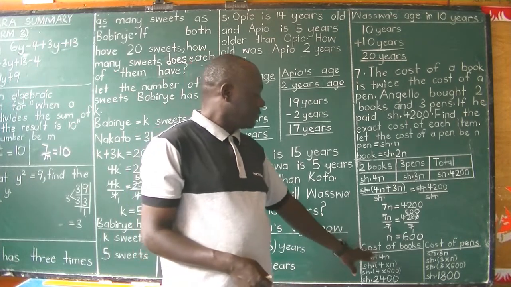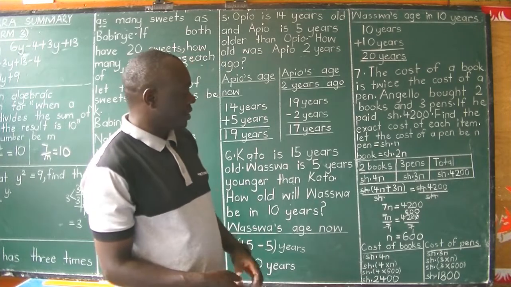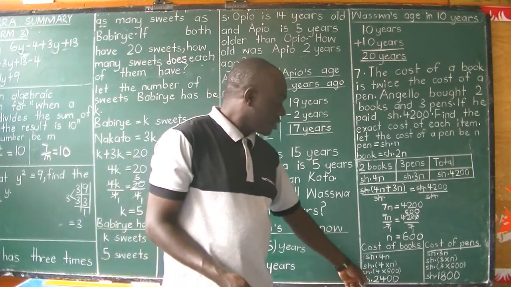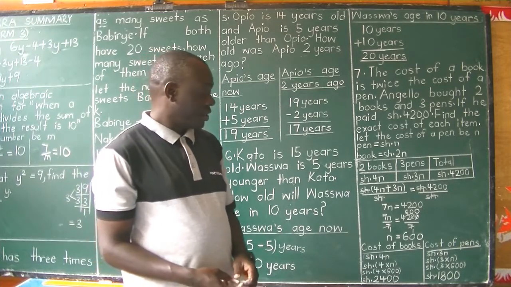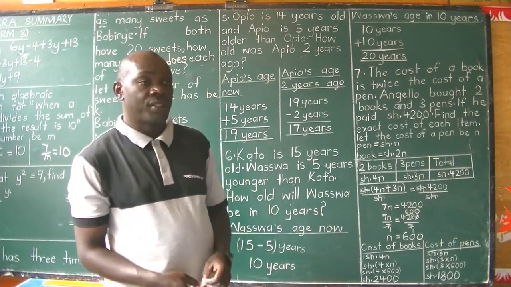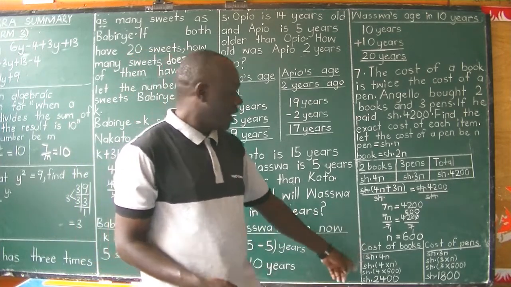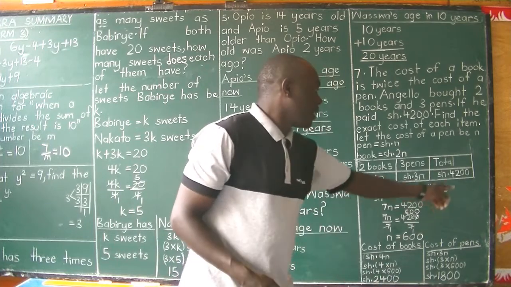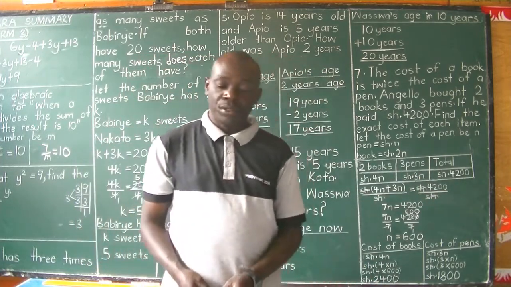One item is the books, and the other item is the pens. So the cost of the first item, the books, is 2,400 shillings, and the other, the pens, is 1,800. So what you do to check, you add these and see whether they total up to 4,200, and if not, you just know your answer is wrong.